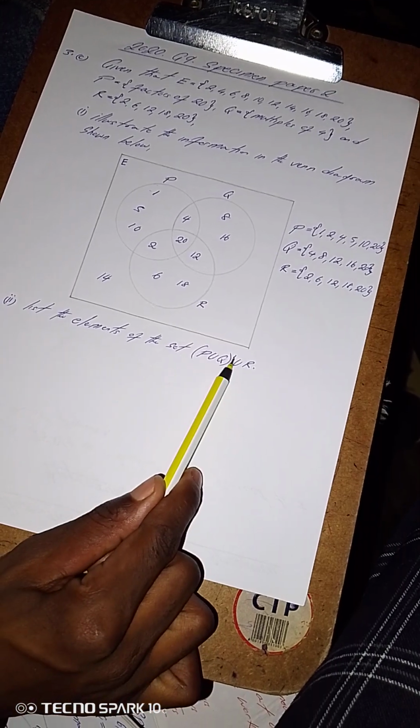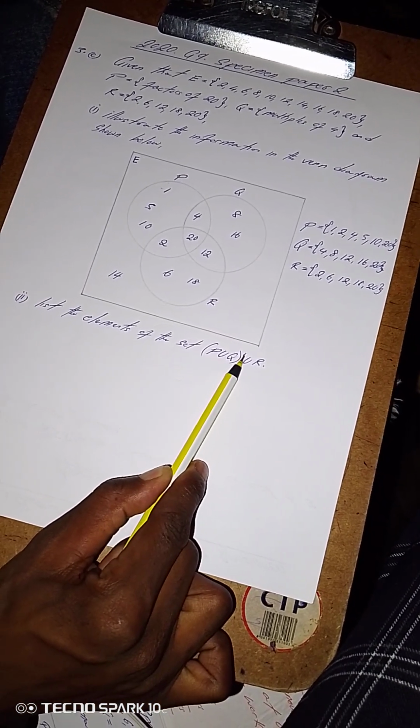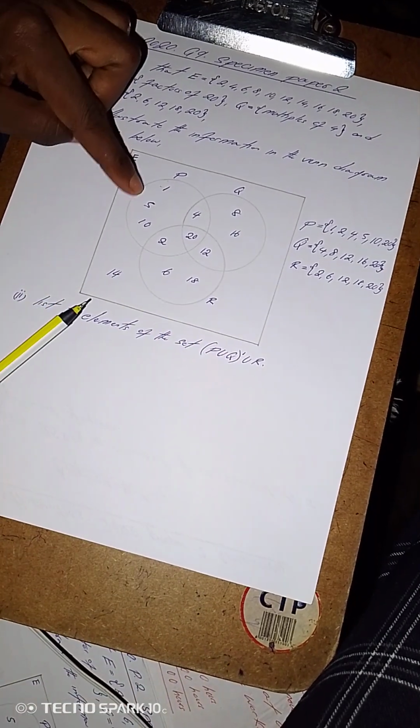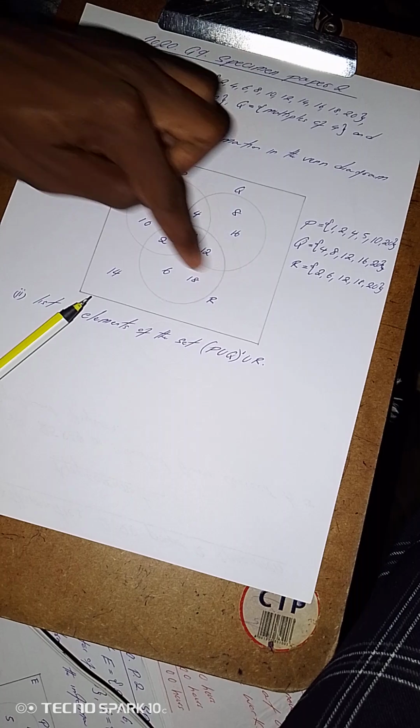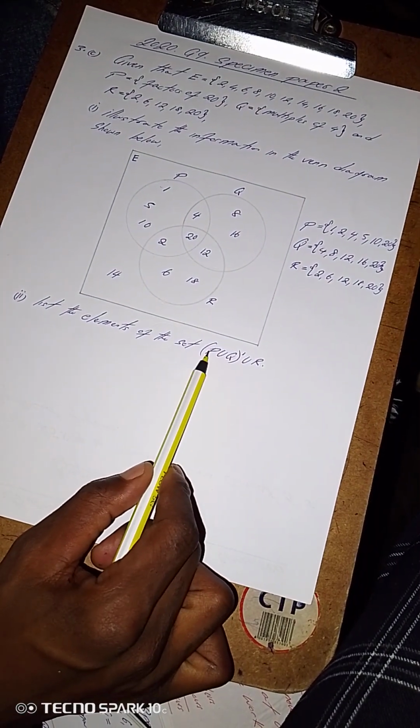Now they have added this one, which means complement. Complement means not. So not P union Q. So you remove this and this one, and then you're going to write what is remaining. That is the answer for this one.